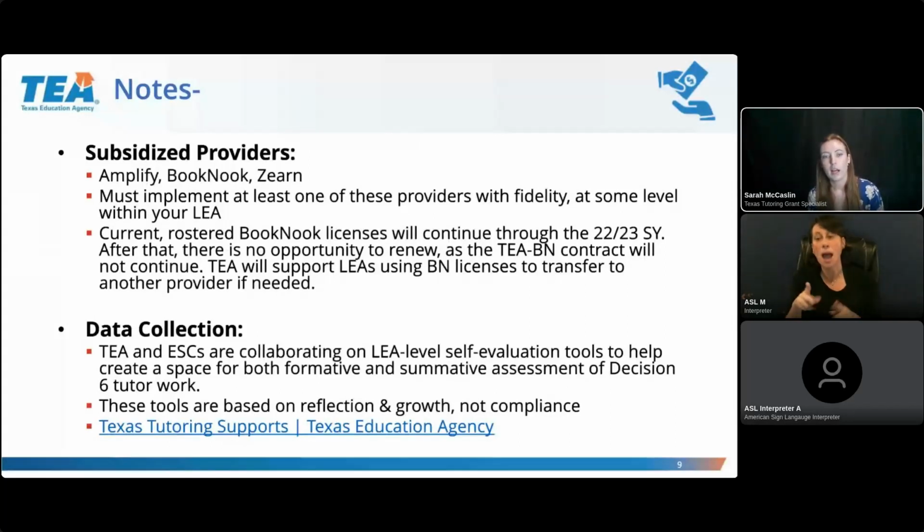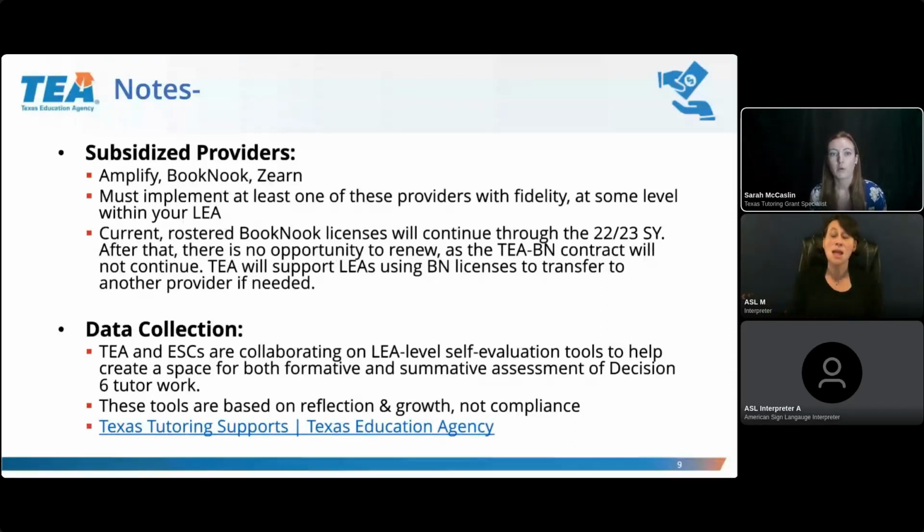But rather it provides a series of guiding questions to help facilitate conversations with your campus leaders, with your district leaders, to figure out where you are in this umbrella of high impact tutoring and how you can progress to meeting those expectations, to exceeding those expectations. And then can you get to an exemplary status? Can you become a model district of what high impact tutoring really embodies and looks like?